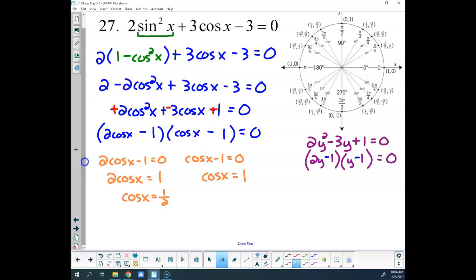Cosine is equal to 1/2 at pi over 3 and 5 pi over 3. Cosine is equal to 1 at 0. Not at 2 pi, because remember we're not including 2 pi in that first left. We're including 0, but we're not including 2 pi.